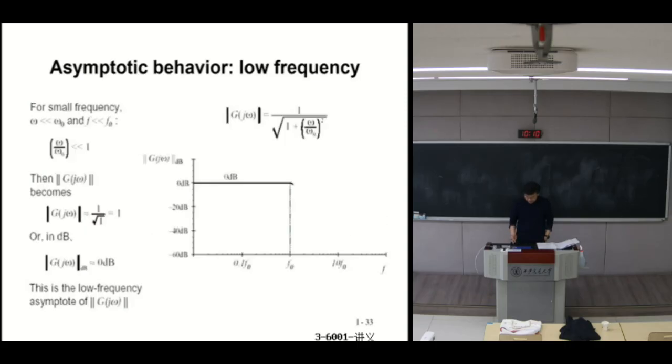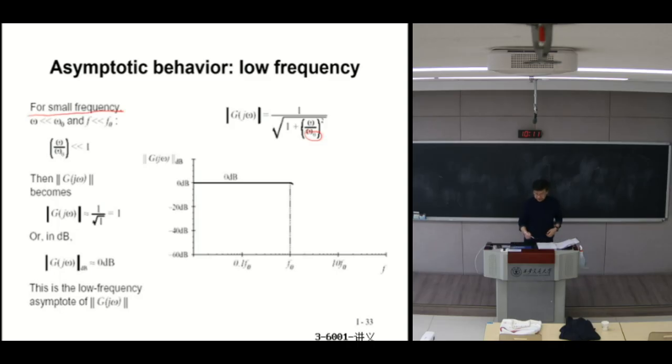So we can discuss this magnitude in two aspects: when the frequency is low, and when the frequency is high. Whenever you talk about small or large, good or bad, high or low, you always need a base. Here the base is omega 0 or f0.